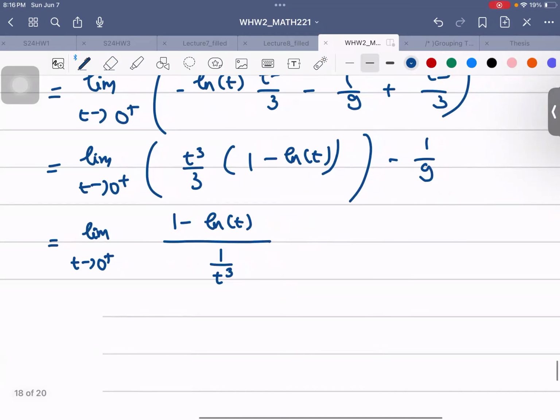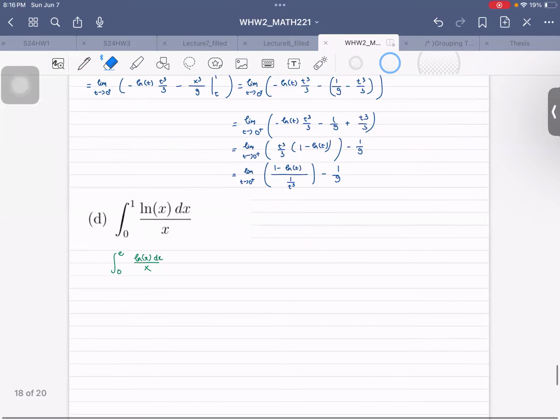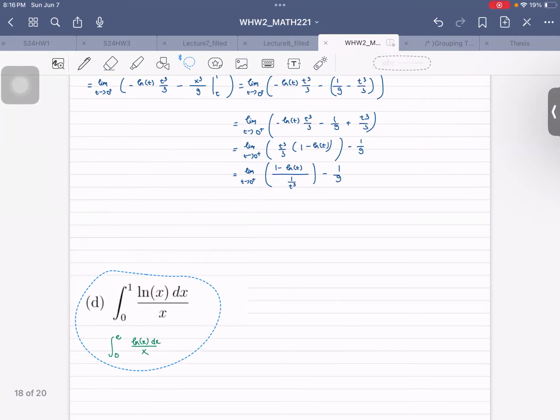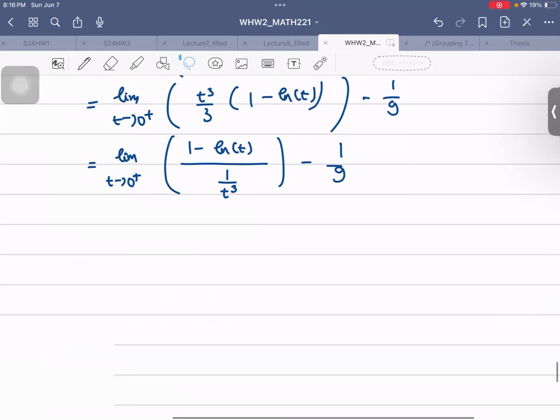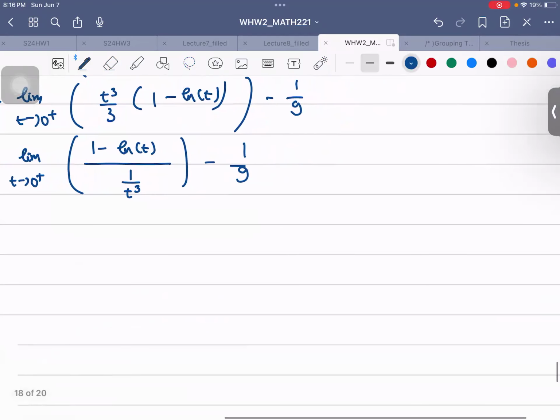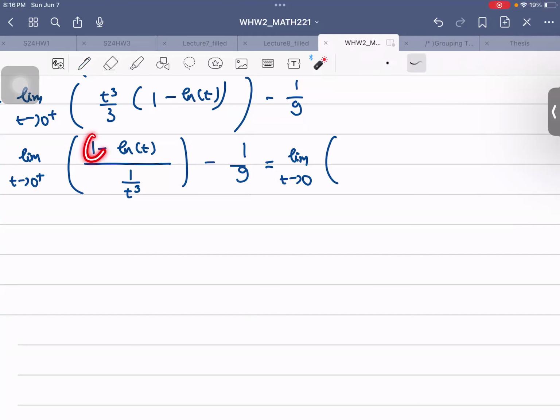And now we're going to do L'Hopital's rule. So when I do L'Hopital's rule, I have the limit as t approaches 0. The derivative of 1 is 0, the derivative of ln of t is 1 over t, and I still have the minus sign in front.